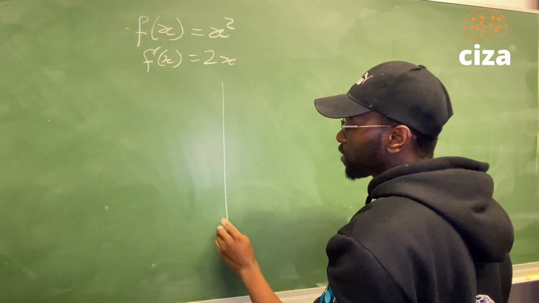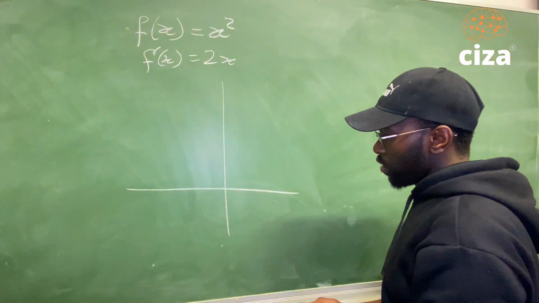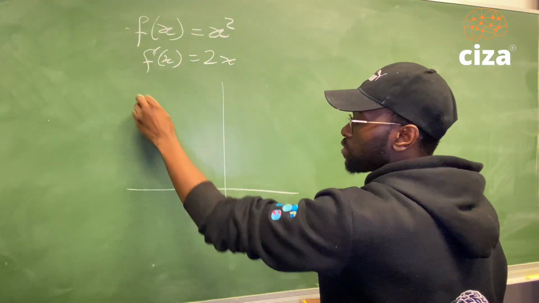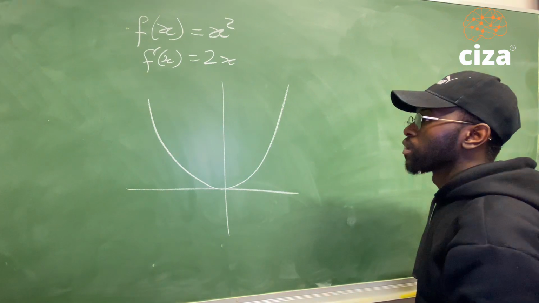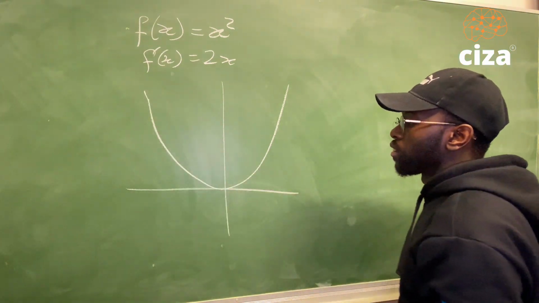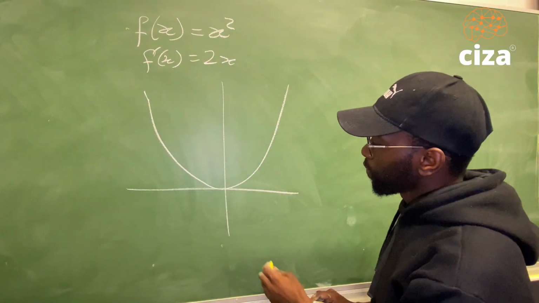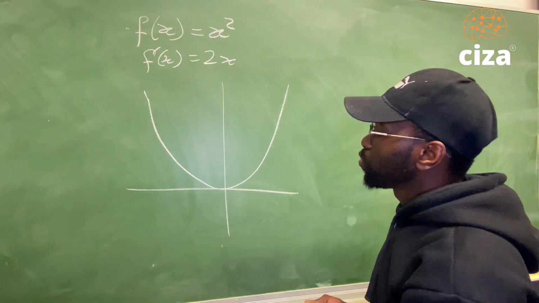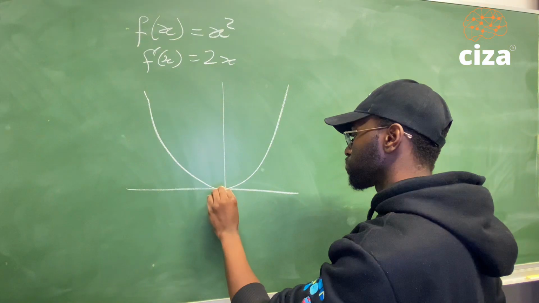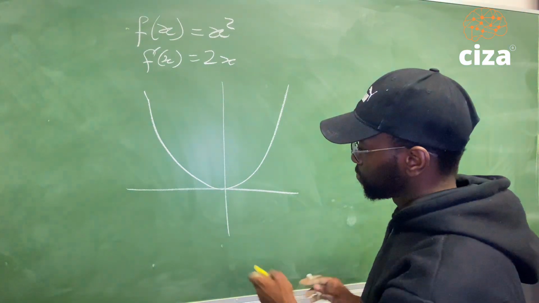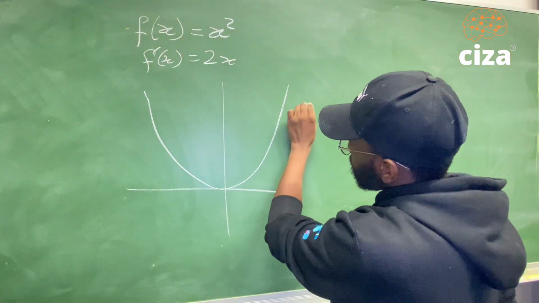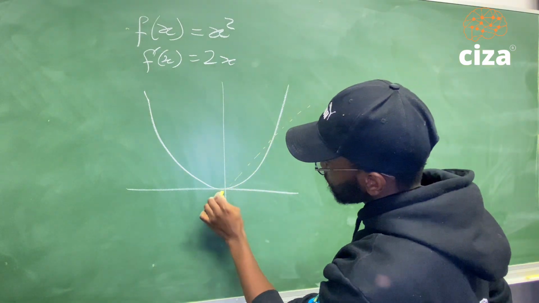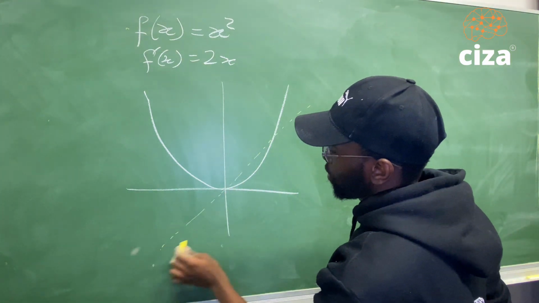Now if I quickly draw the function of x squared, and then draw the function of 2x, it should be something like this.